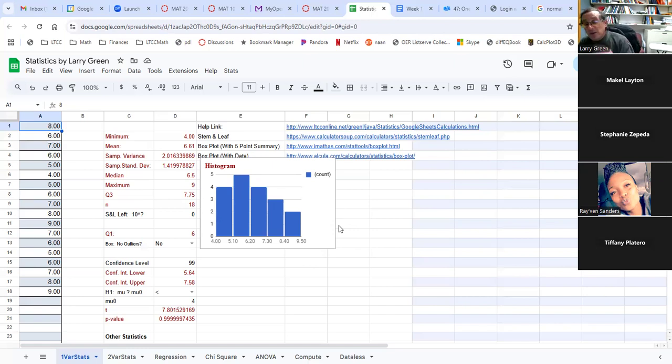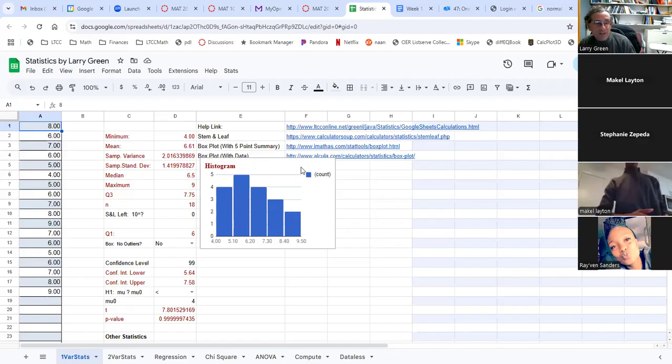If it were the mirror reflection of this, we call it skewed left, by the way. That would be if the skew was on the left-hand side, or the tail was on the left. If the tail's on both left and right, then it's not skewed left or skewed right. Then it's pretty symmetric typically. Any questions on that?